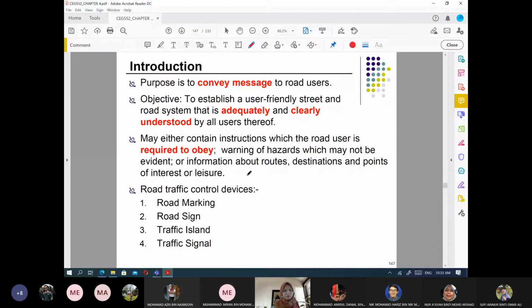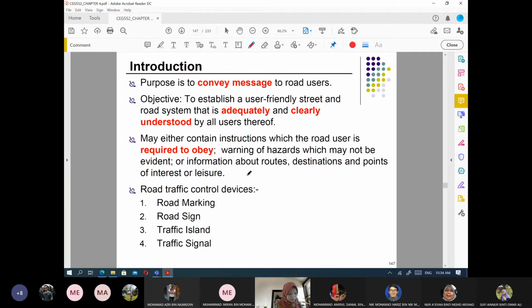Okay, tak adalah tiba-tiba dekat Thailand dia guna warna biru, guna warna pink, so that would make people confused. Therefore, the system of the traffic signal is actually uniform worldwide, alright, so that all users can understand.